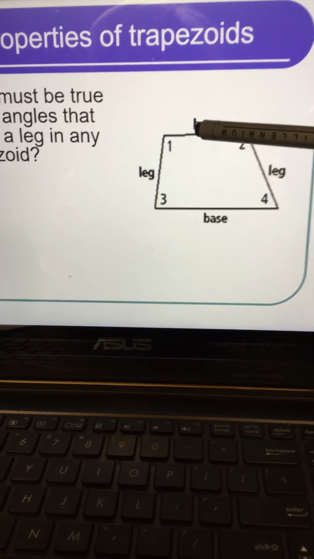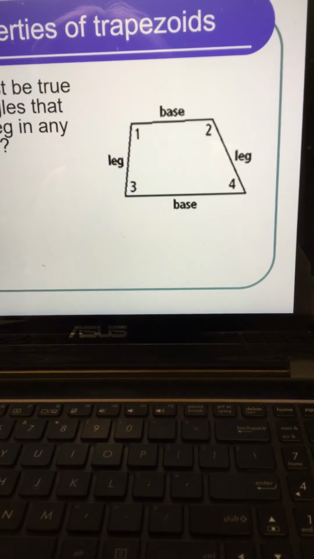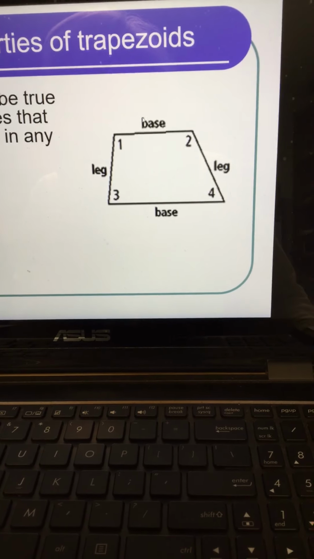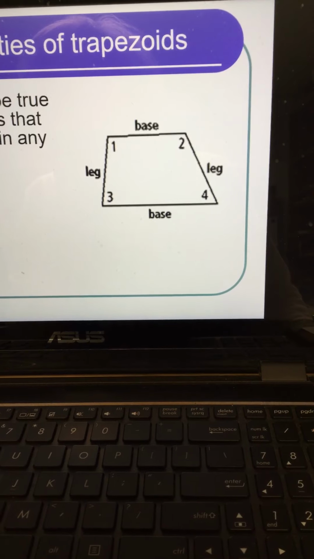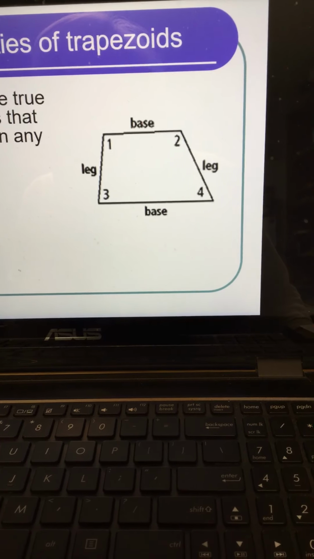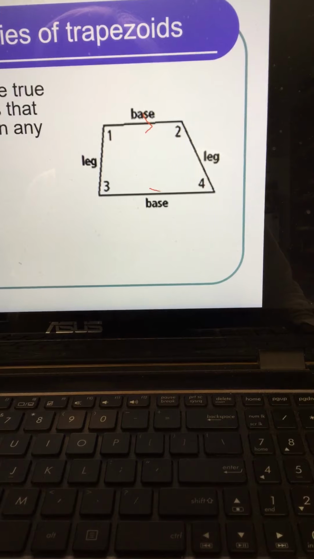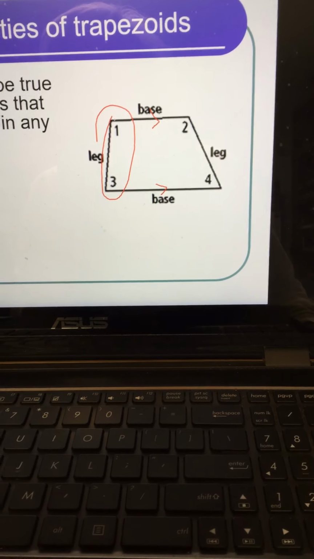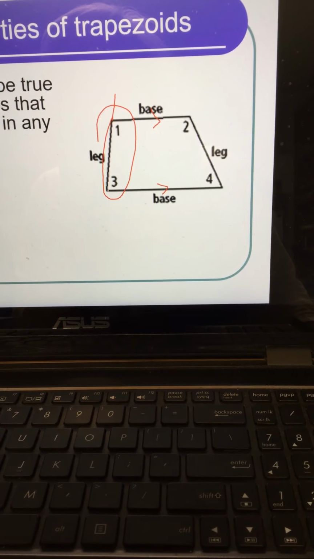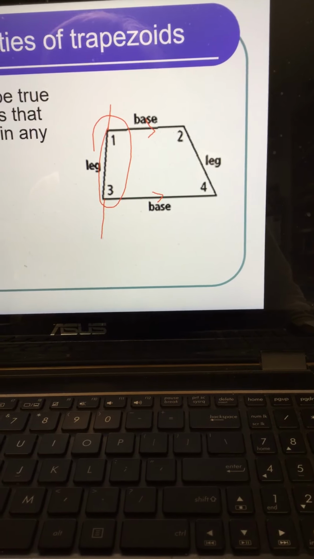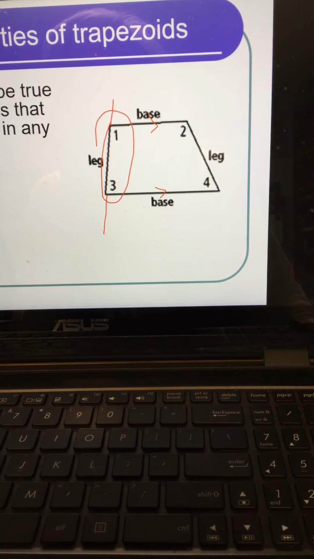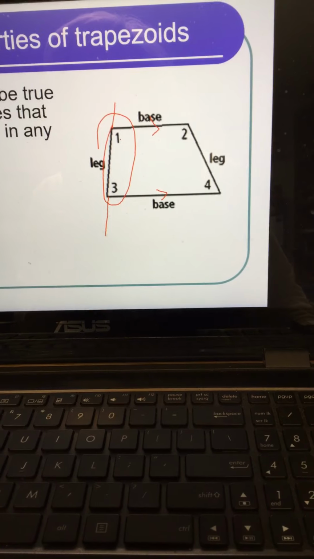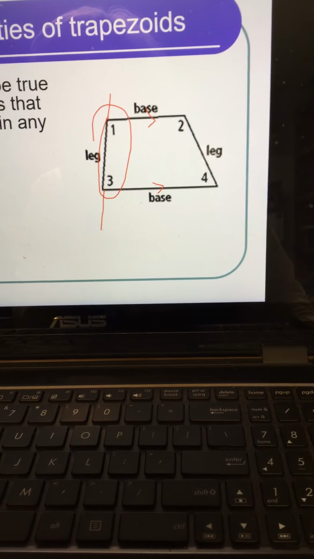And what has to be true is remember that your bases are parallel. Your bases are parallel. So that means that this is acting as a transversal. This is acting as a transversal here. Parallel, parallel, transversal. So these two angles would be called same side interior.